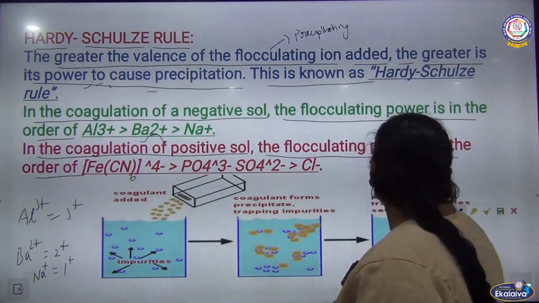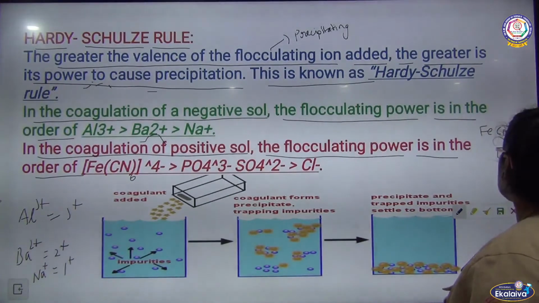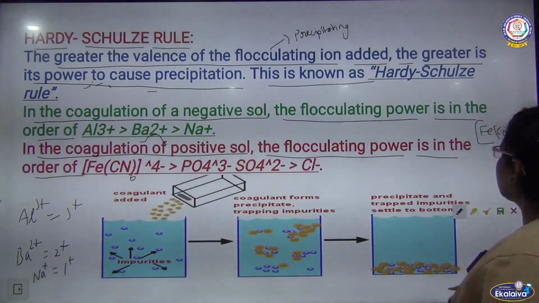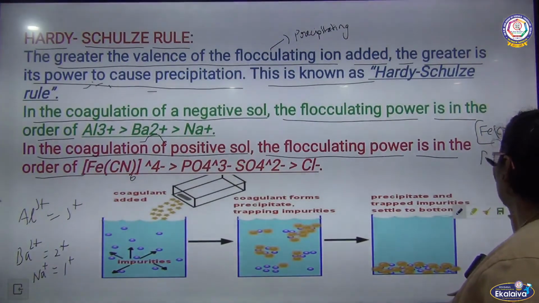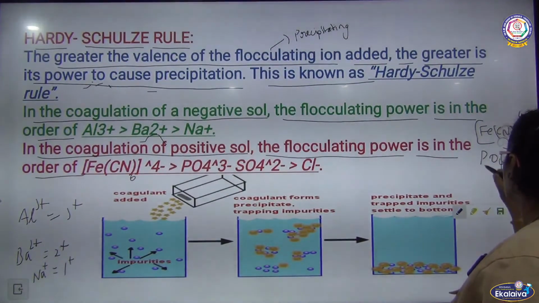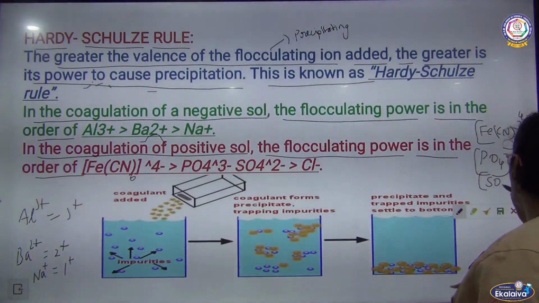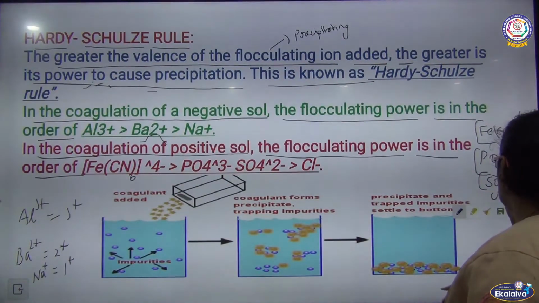So here, [Fe(CN)6]4- has got 4 negative charges, so it will be greater than PO4 3-, which will be greater than SO4 2-, and which will be greater than Cl-.